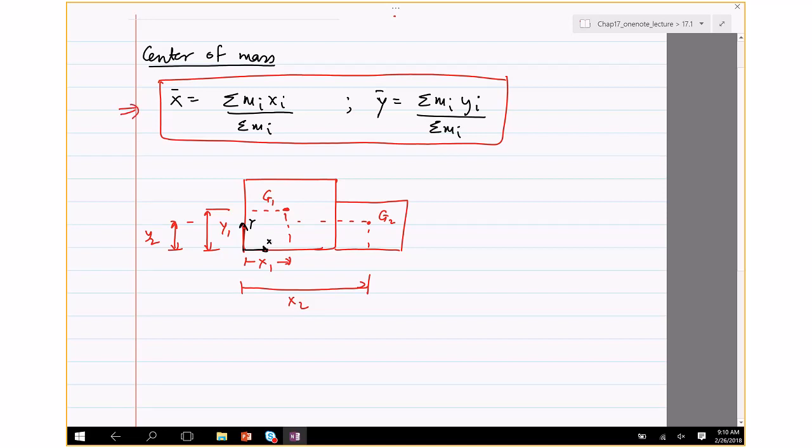So what we're trying to do in this formula is find where exactly is the center of mass of the combined system of G1, G2, and that will be somewhere here. Okay, again, I'm just putting it there. It really depends on the mass of the two and so on. But let's say that's over here in this position.